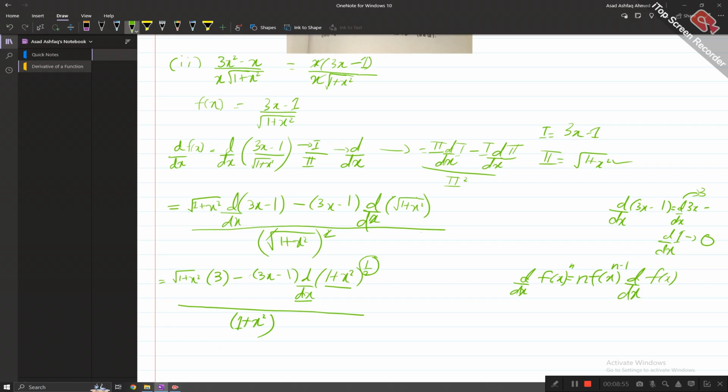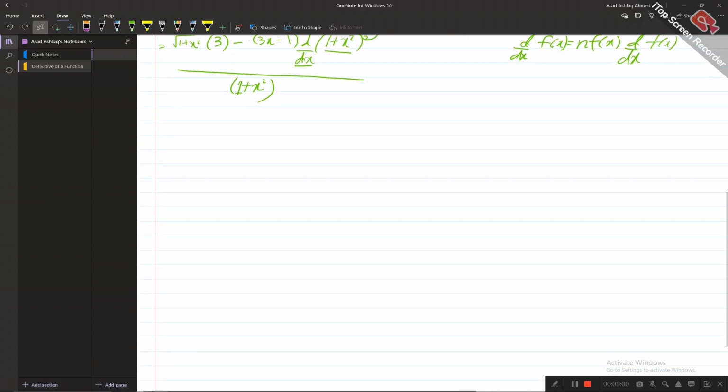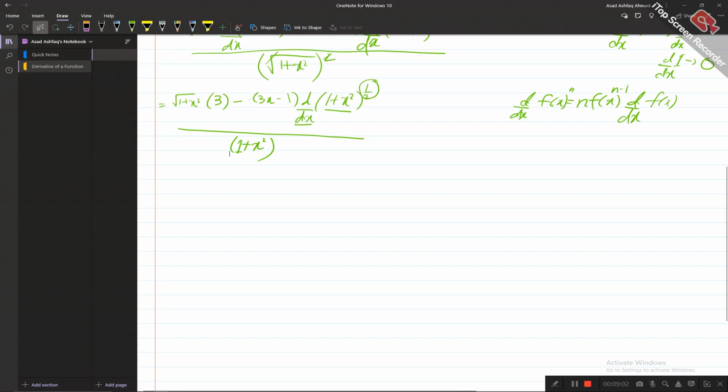Now our next step will be 3 square root 1 plus x square minus 3 into x minus 1.